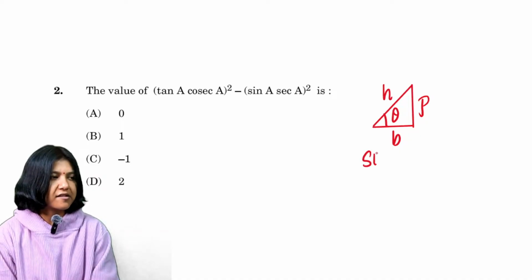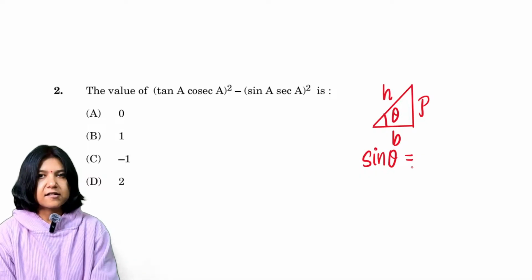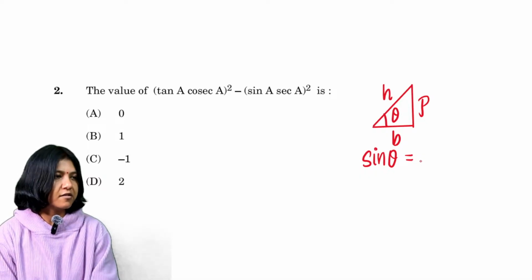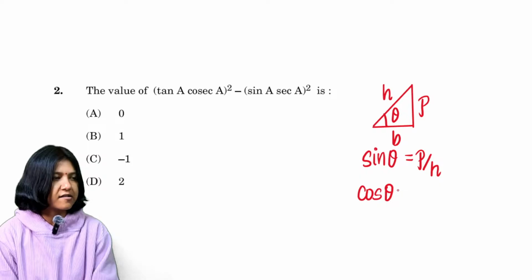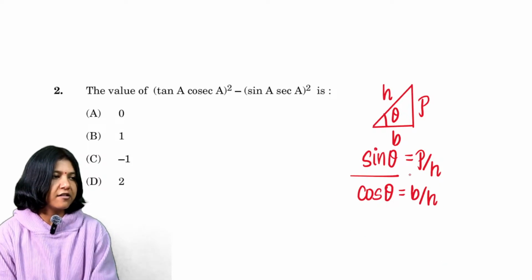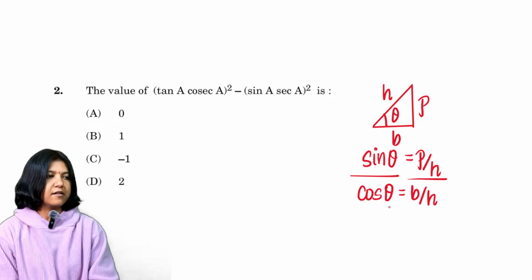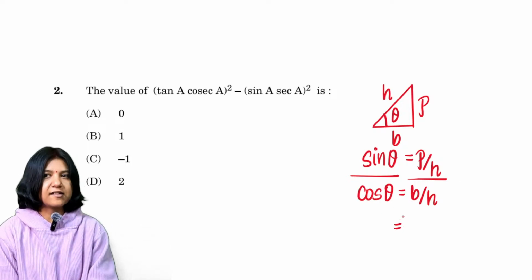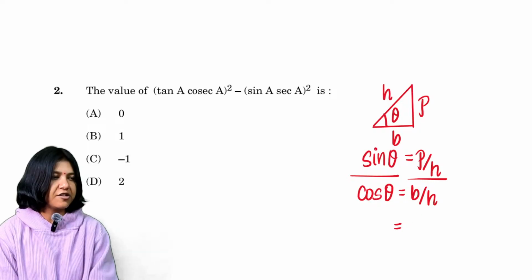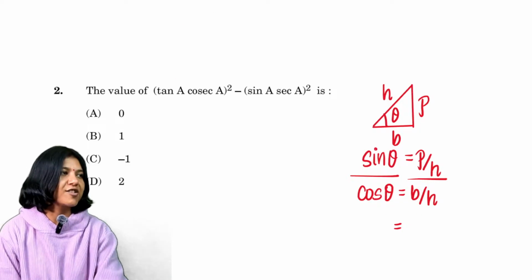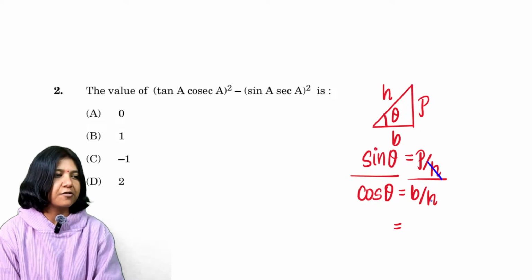So sine theta is equal to P upon H, perpendicular upon hypotenuse. And cos theta is equal to base upon hypotenuse. So what if I divide the two equations? On this side, I get P upon H divided by B upon H. The same denominators, you get rid of it.